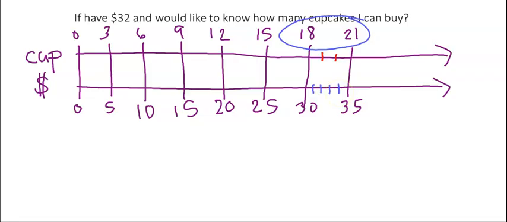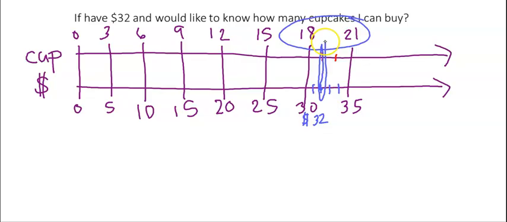So my question is, if this dot down on the bottom represents $32, where is that going to cross my double number line on the top?